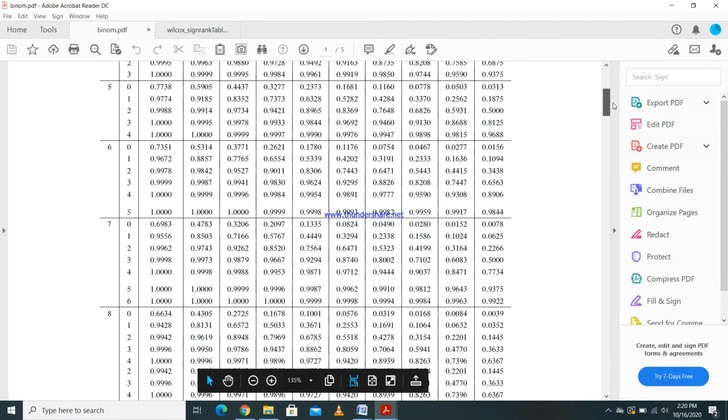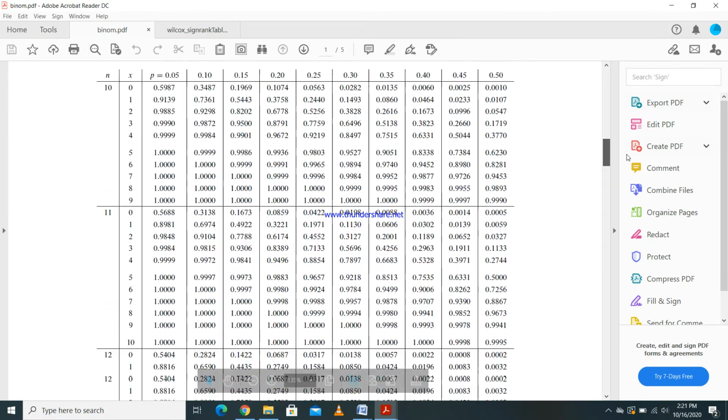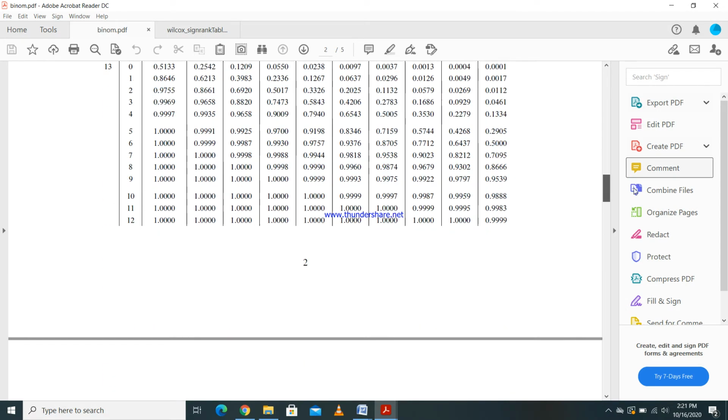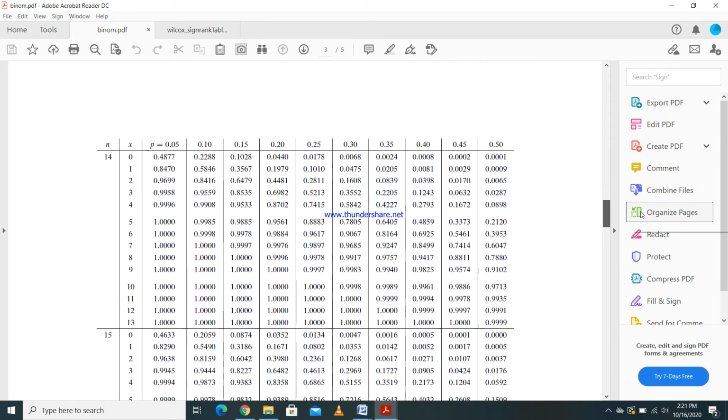So in our case, the sample size would be 14. The probability of success is 0.5 here. So you have to read 14 and 0.5, and look at the x value, or the test statistic value, equal to 6.